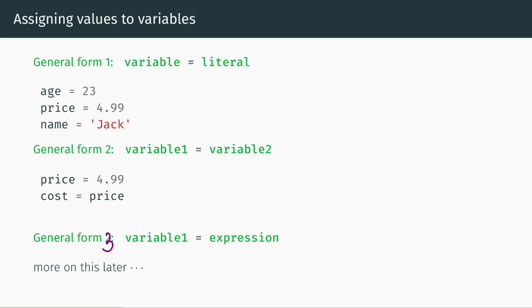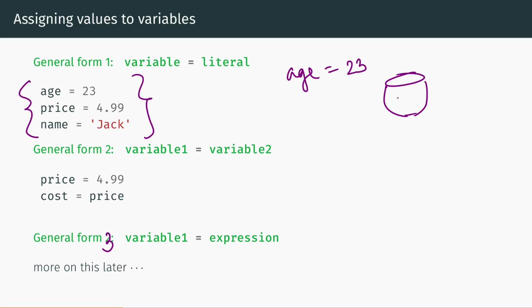In this set of Python statements, we create variables and assign the values to them. So the first time you say age equals 23, Python picks up a cup from the shelf, names the cup age, and pours the value 23 inside the cup.